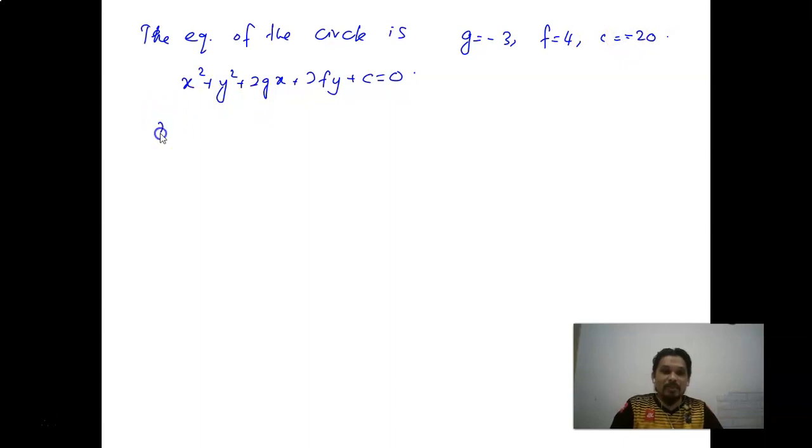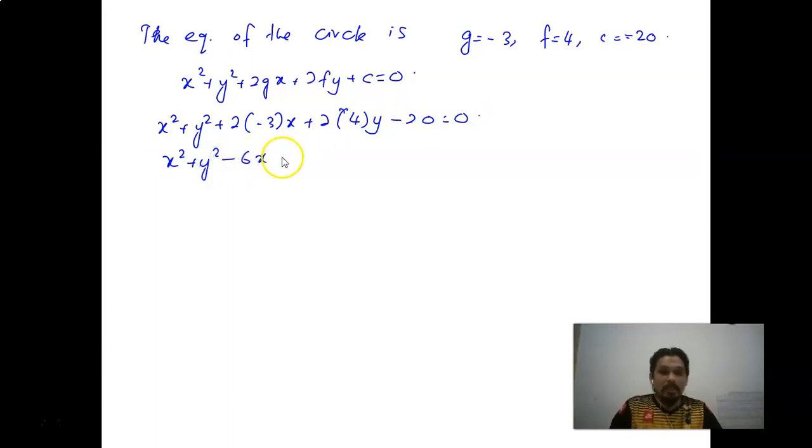So let's substitute here: x squared plus y squared plus 2 times negative 3 x plus 2 times 4 y minus 20 equal to 0, then x squared plus y squared minus 6x plus 8y minus 20 equal to 0. Okay, next question.